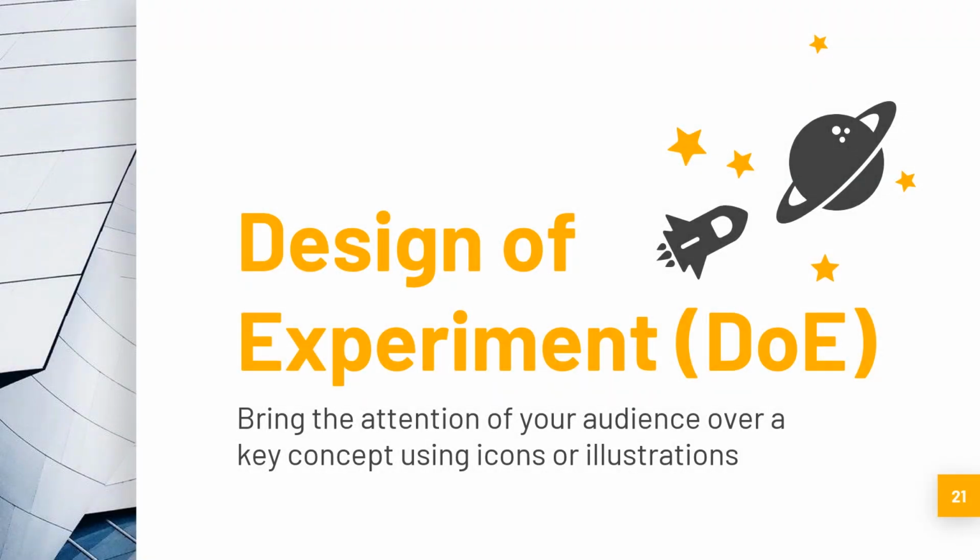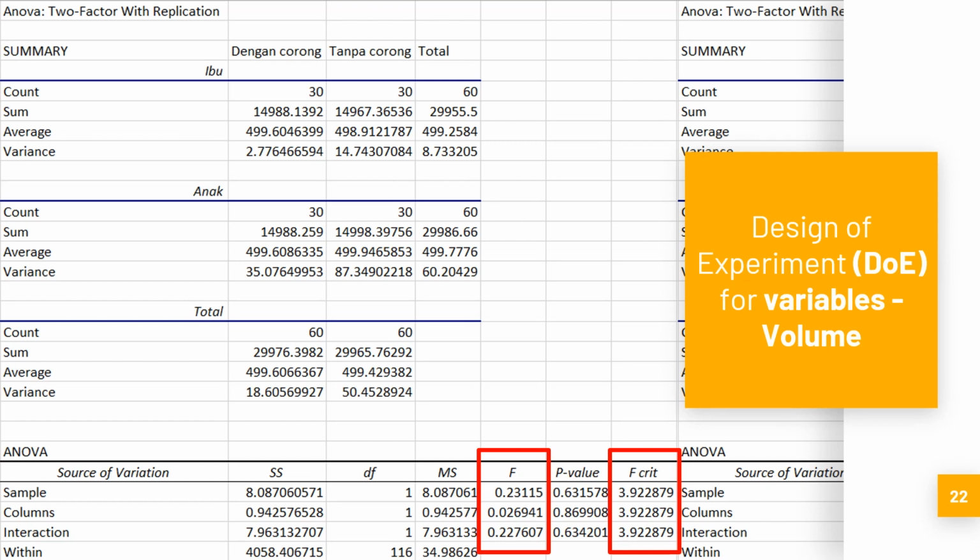Moving on to the design of experiment, for the volume itself, all of the F values in this case are lower than the F critical. If the F value is greater than F critical, it means that we reject the null hypothesis, so the factor is influencing the variables. In the first variable, all of the F values are less than F critical, which means that both pouring tool and also the worker have no influence on the volume.